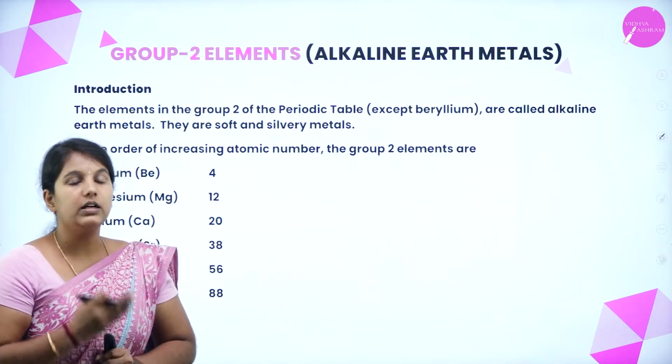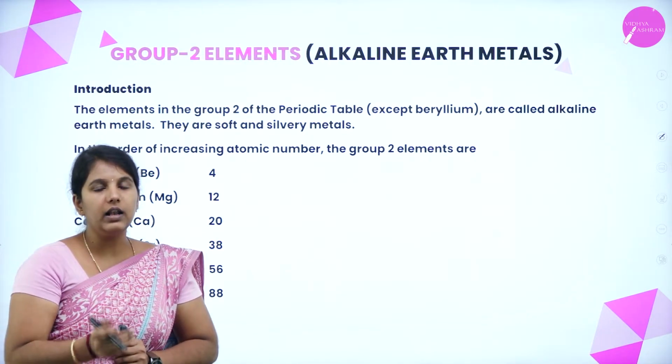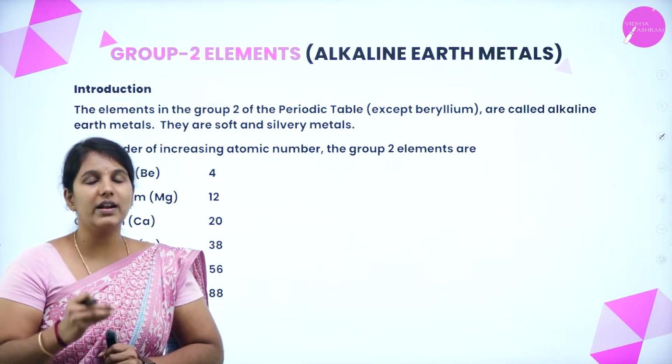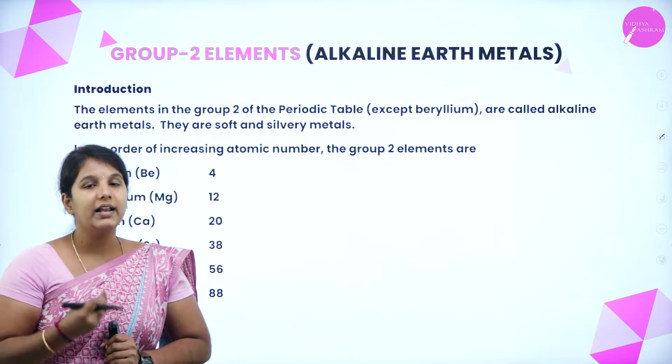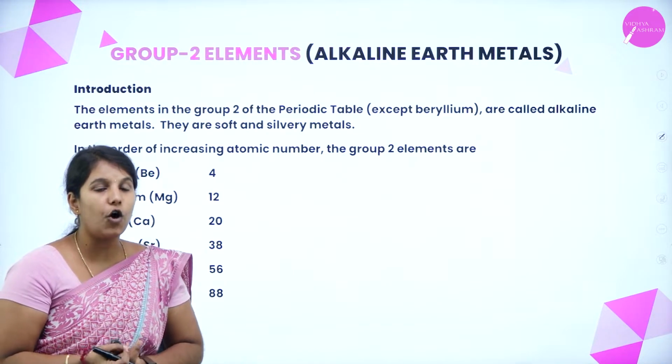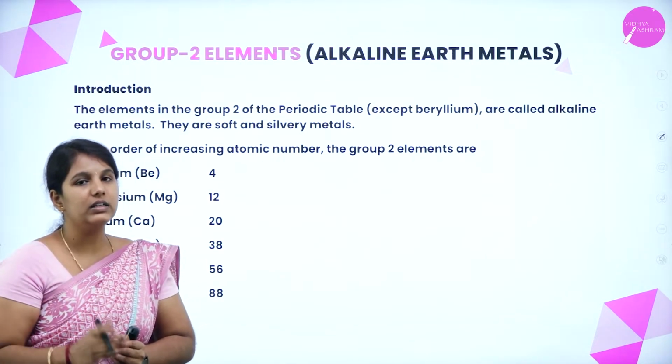We all know that group 2 elements are also known as alkaline earth metals. The reason is, when dissolved in water, they form an alkali and they are obtained in alkaline form in the earth crust, hence they are known as alkaline earth metals.